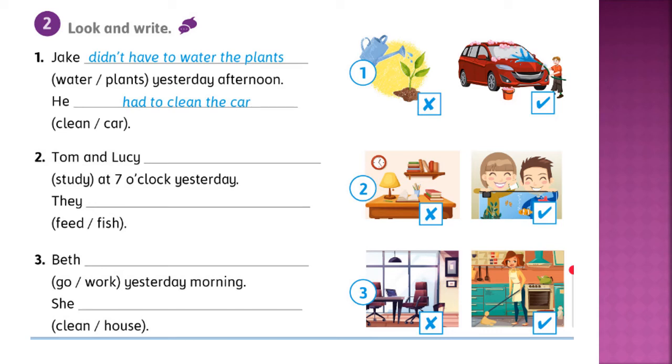The other picture, which is ticked, means it's important to do it. Jake didn't have to water plants yesterday afternoon. He had to clean the car. It's so easy, my dear students. Here you have to pause the video and read and answer.